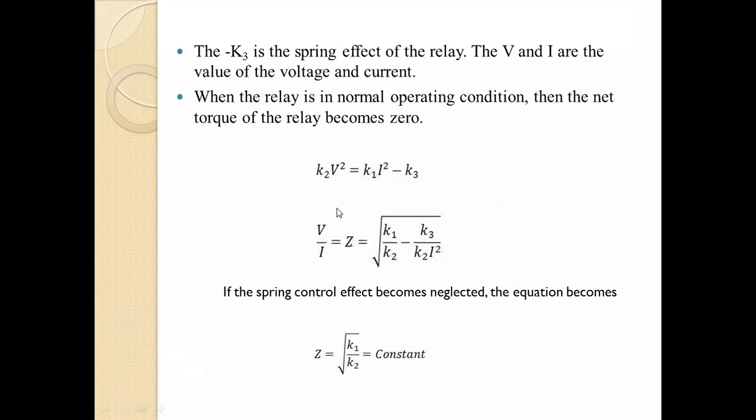Now you can divide this equation by K2 I square, so that you get K2 V square divided by K2 I square, which is equal to K1 I square divided by K2 I square minus K3 divided by K2 I square.